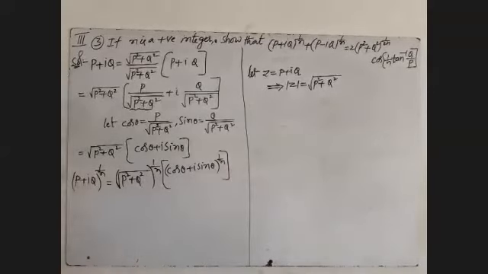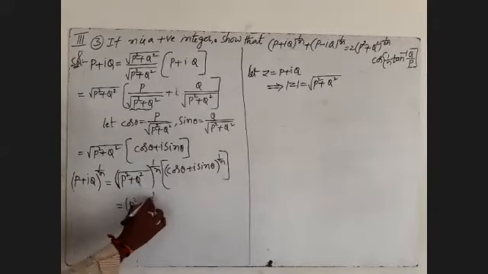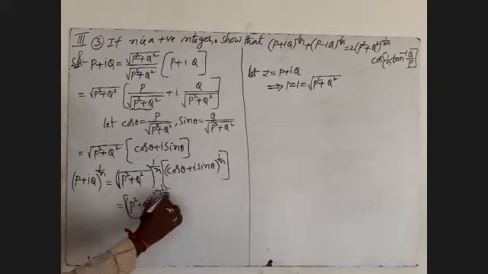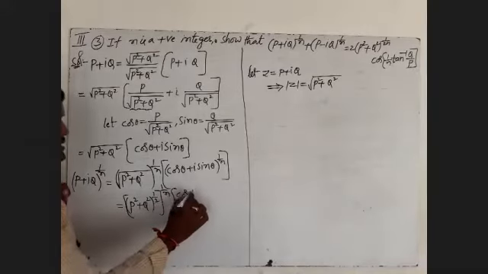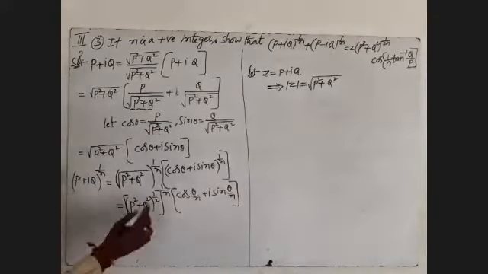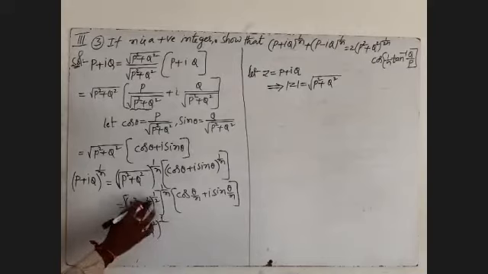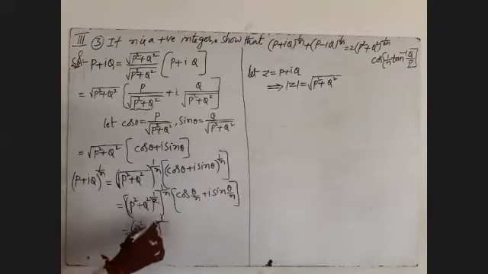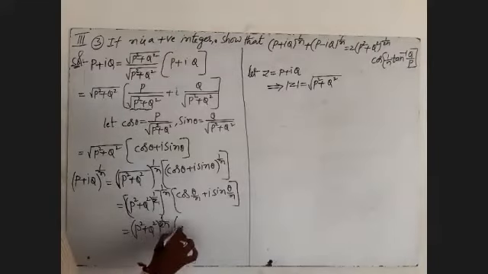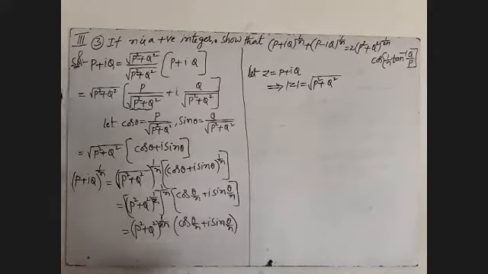Expanding, root of p square plus q square is p square plus q square whole power 1 by 2, whole power 1 by n, that is p square plus q square whole power 1 by 2n, into cos theta by n plus i sin theta by n. This is equation number 1.